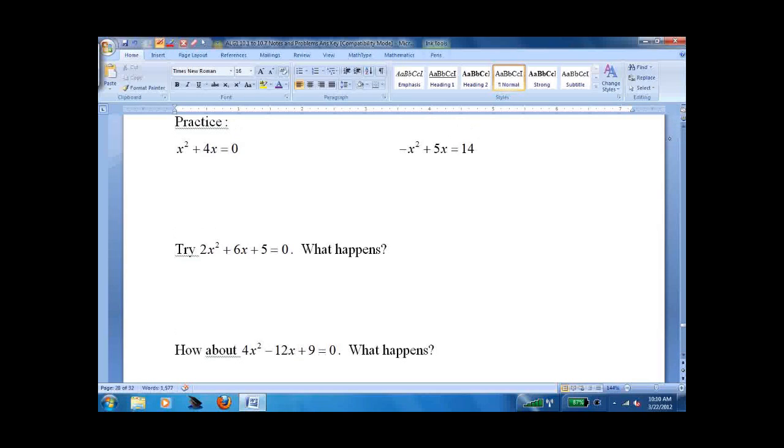Here's some practice for you. a equals 1, b equals 4, c equals 0. a equals -1, b equals 5, c equals -14. Give them a shot if you can.